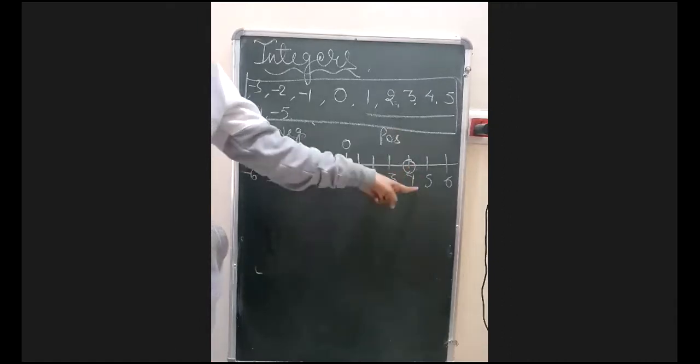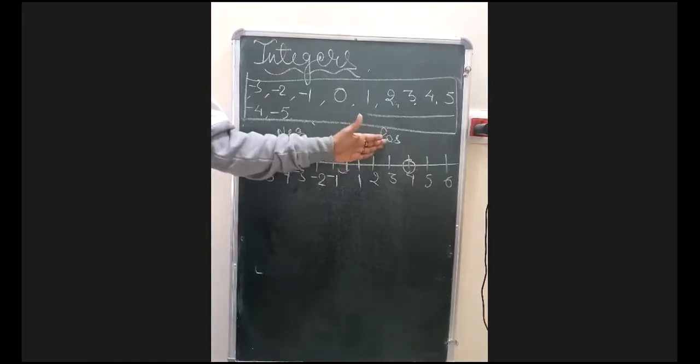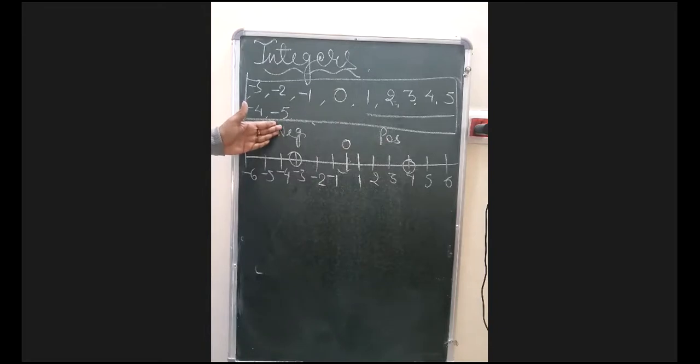That is why 4 is greater here. ठीक है? और right side पर हमेशा positive number है, left पर हमेशा negative number है. So always remember, the positives are always greater than the negative ones. ठीक है?